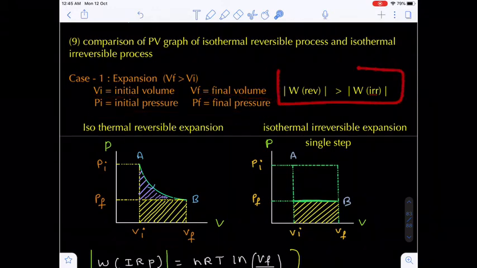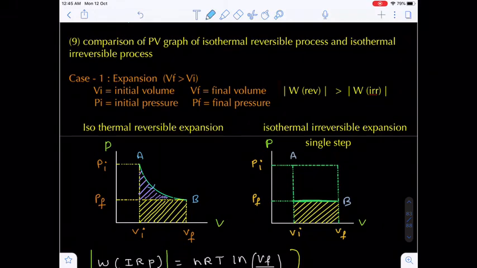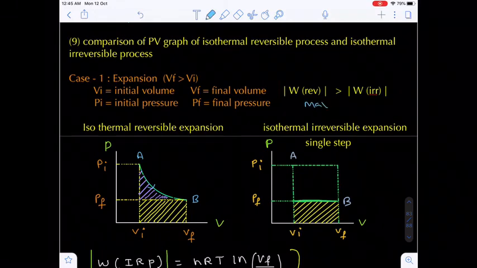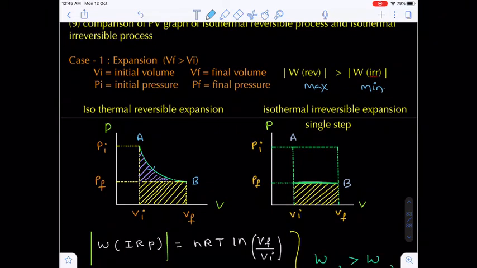And what is the conclusion here? Work done in isothermal reversible expansion is always greater than work done in the isothermal irreversible process. This value will be the maximum and this value will be the minimum. We can prove it mathematically and numerically, and already we proved this one. Even with the help of the graph we can prove this.